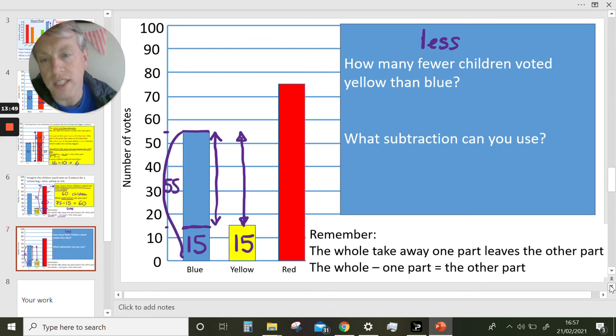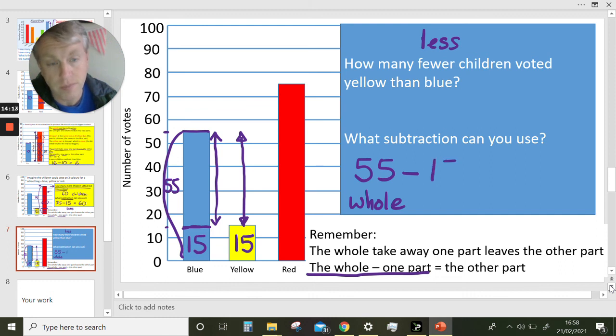So we've got to say the whole of the blue bar is 55. Remember? The whole, take away one part, gives us the other part. So 55 is the whole of the blue. Take away the part that is the same will tell us what this missing part is worth.